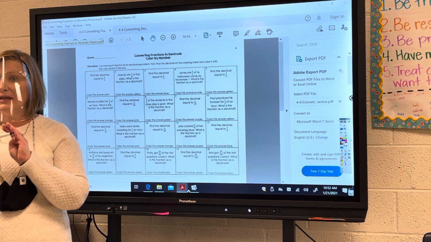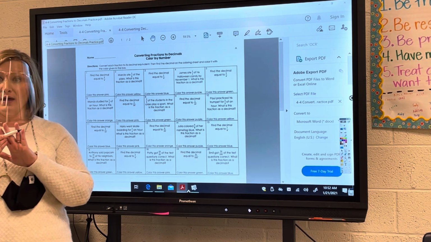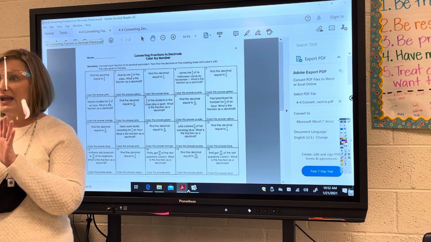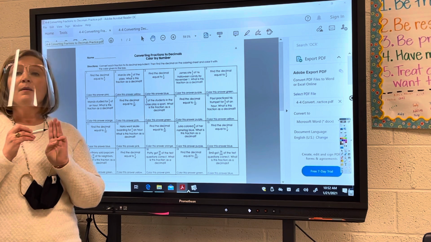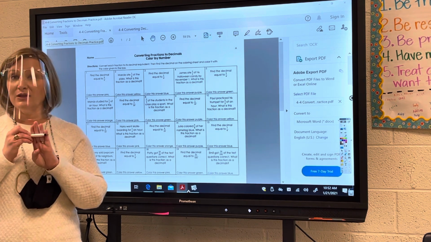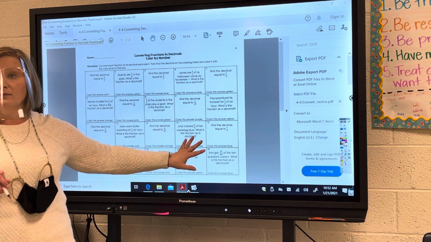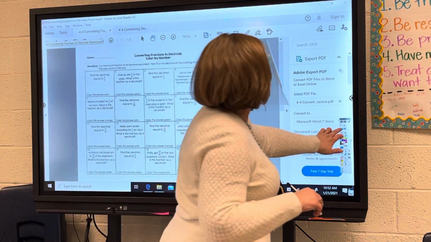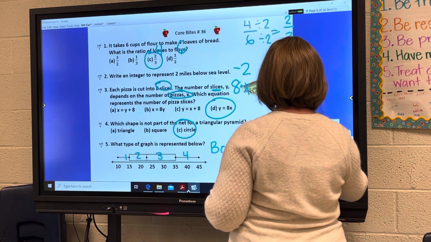And where do we need to be in order to move on? 5. We need to be at least a 4, okay? Now, everybody's not going to be at a 5 by the time we finish today. And some of you may only be at a 3, all right? But most of us should be either at a 4 or a 5 with our comfort level on changing fractions to decimals, all right?